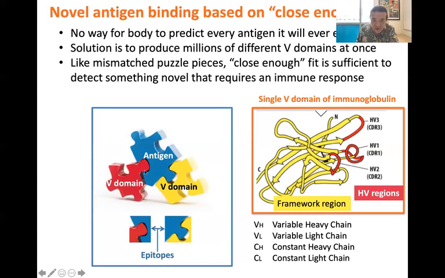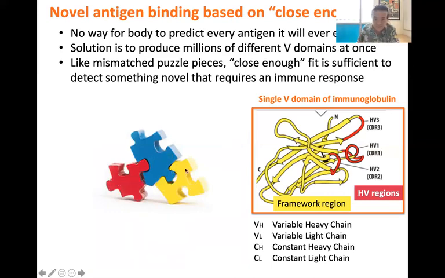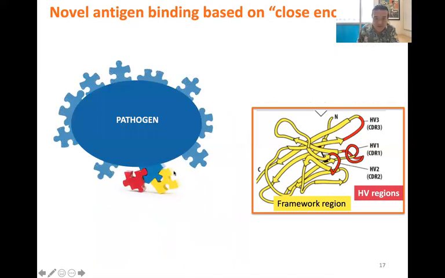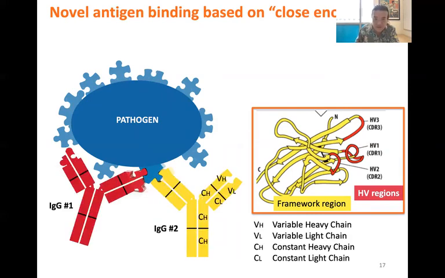Importantly, the actual surfaces on the antigen that you can see here, where those V domains are interacting, are what we call the epitopes. So the epitopes are the actual three-dimensional feature on a three-dimensional molecule that a particular immunoglobulin can recognize. So of course, if we think about them as puzzle pieces, what we want to think about is the fact that the antigen is actually part of, or presented on, the surface of a pathogen. And so these red and yellow puzzle pieces represent the variable regions of two immunoglobulins.